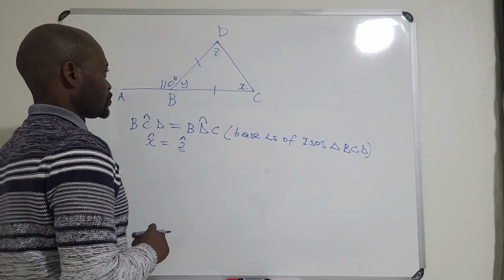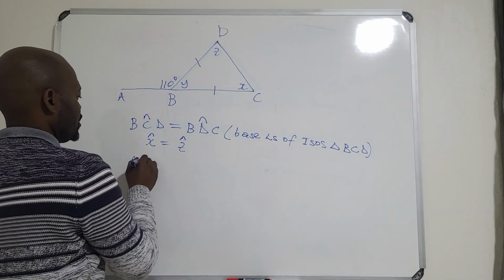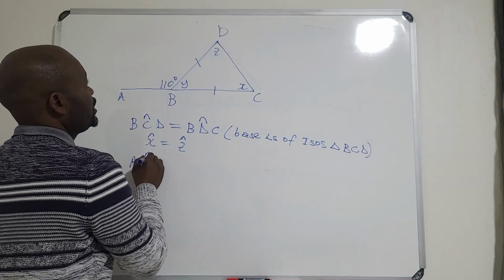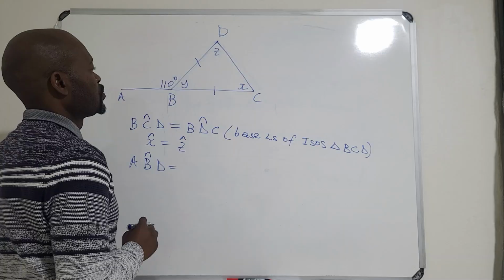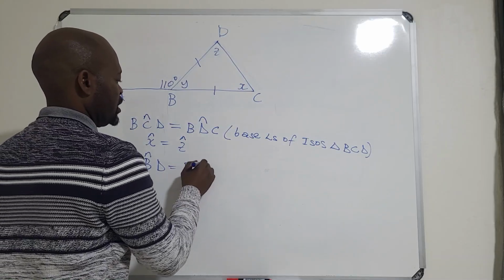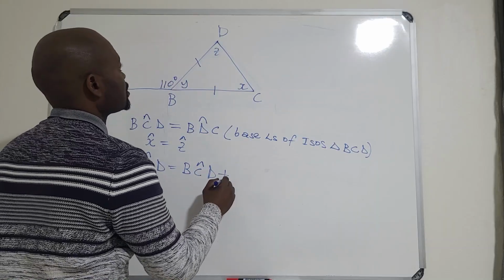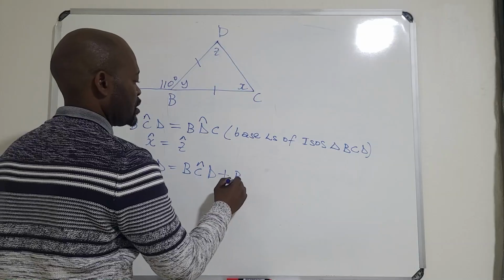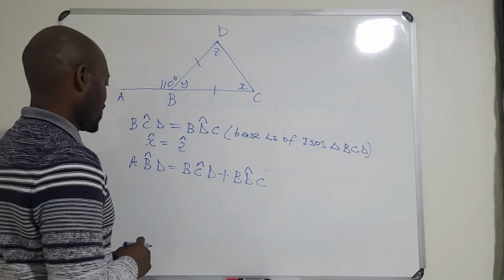Now, we know that angle ABD is equal to angle BCD plus angle BDC.